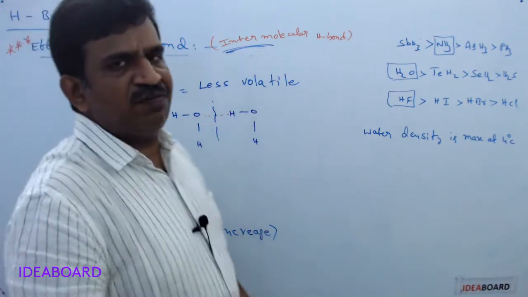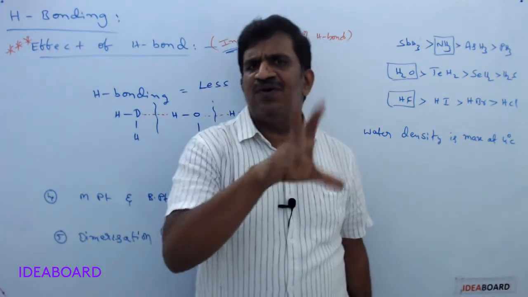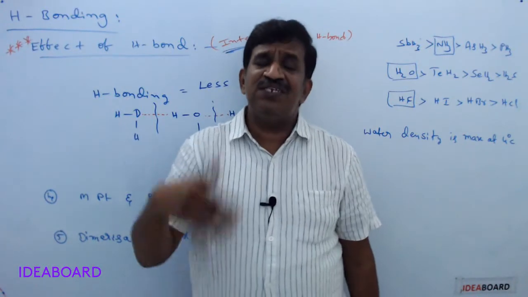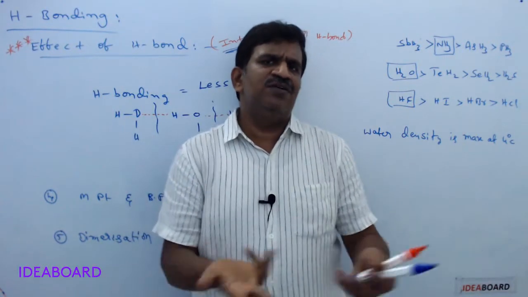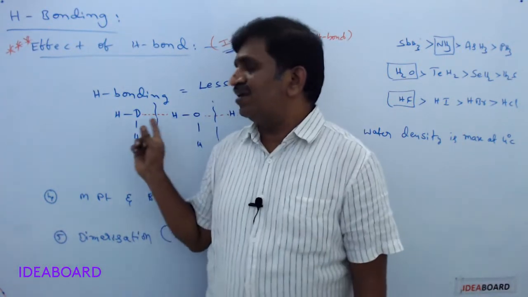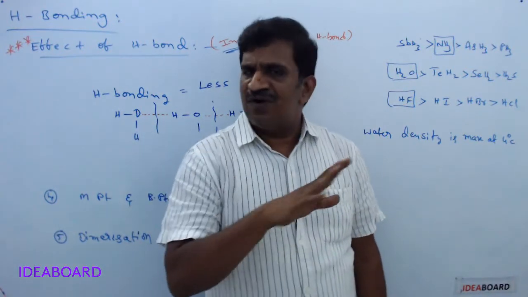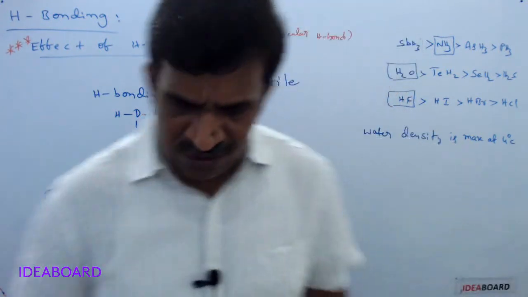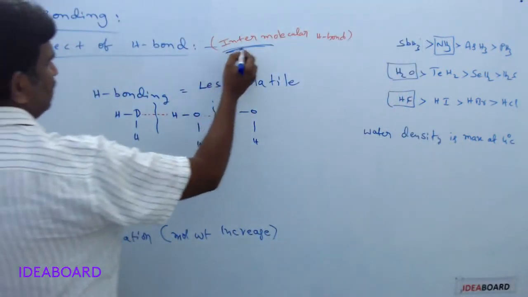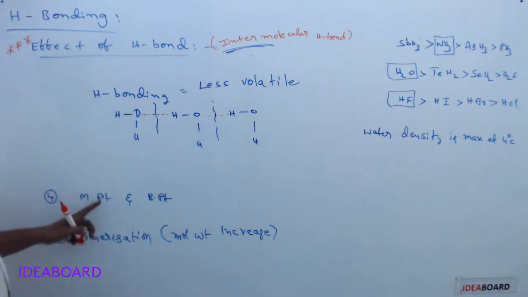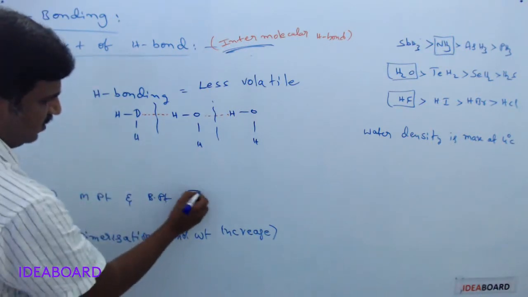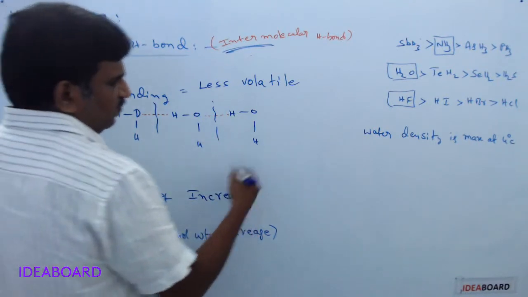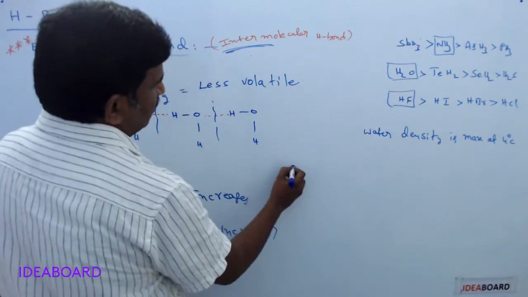Volatile means evaporation. If petrol and water are taken, petrol is highly volatile and easily evaporates because there is no hydrogen bonding. Whereas in water, due to hydrogen bonding, it is not easily volatile, so its boiling point is more. So due to intermolecular hydrogen bonding, melting points and boiling points increase.